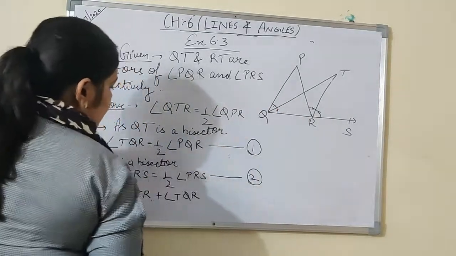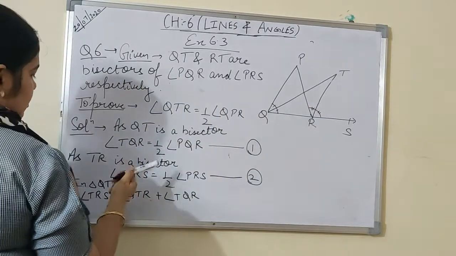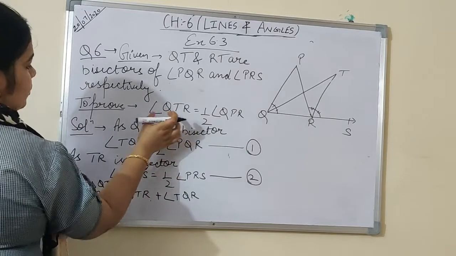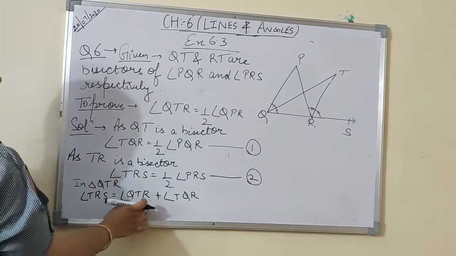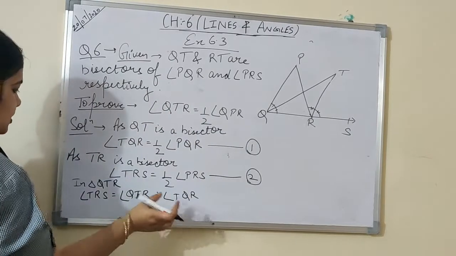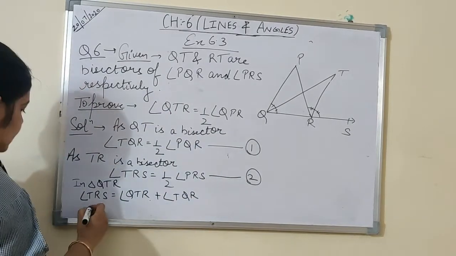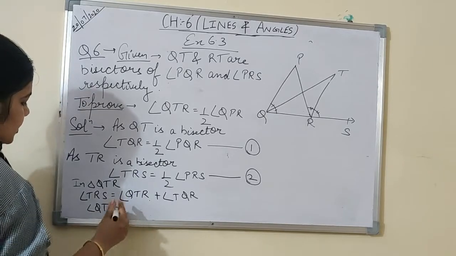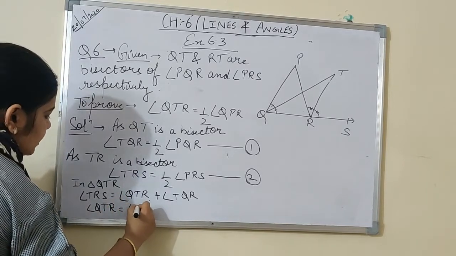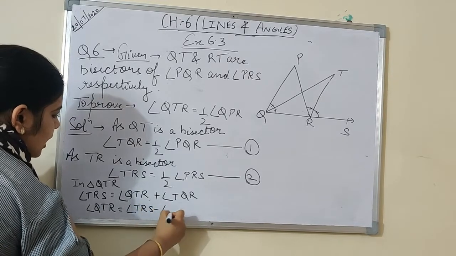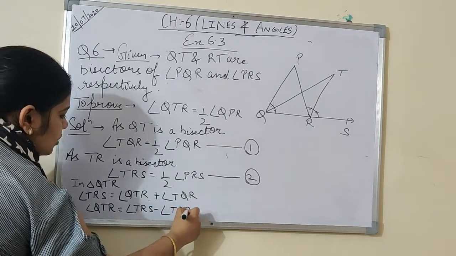Okay, we have to find angle QTR, so I am just shifting TQR that side, and we will get angle QTR equals angle TRS minus angle TQR.